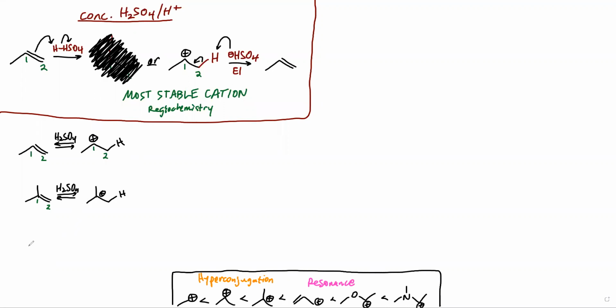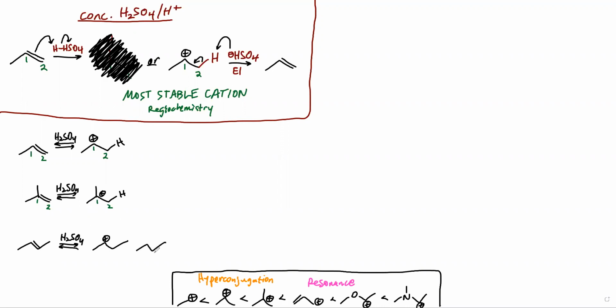Okay. So then the question becomes, what if I have an alkene where there is no difference? So let's take a butene, for example. If I react with H2SO4, carbon 1 and 2 are not regiochemically different at all. Carbon 1 and 2 are both secondary. So if I form a cation, we'll form this one here.